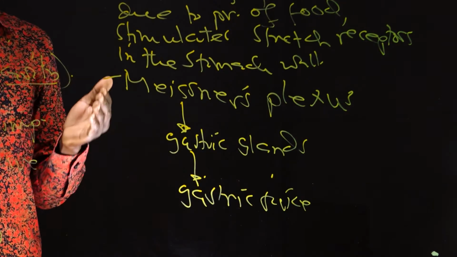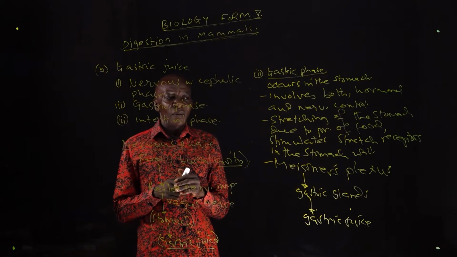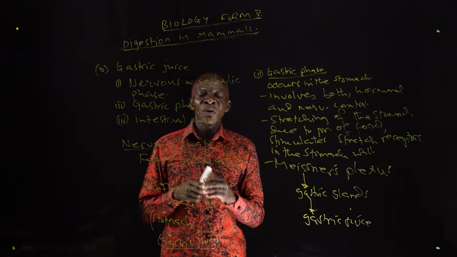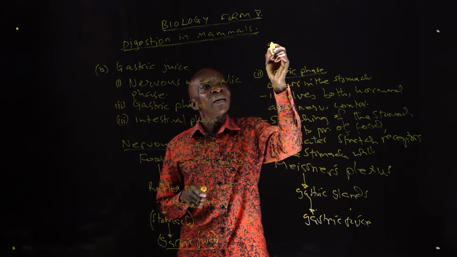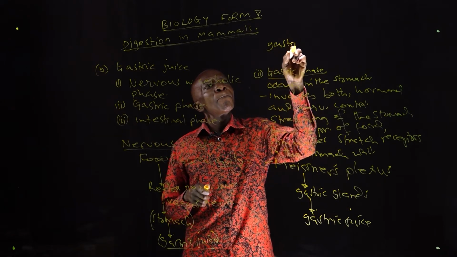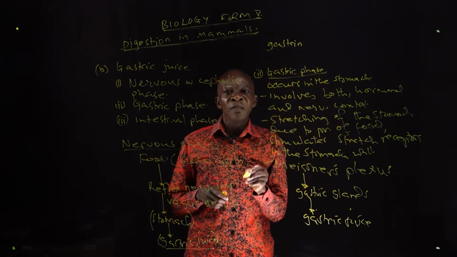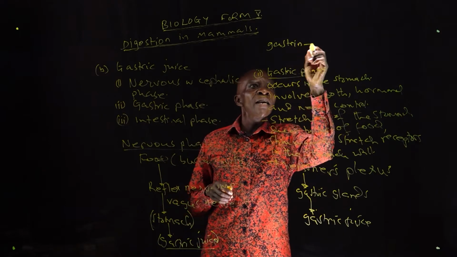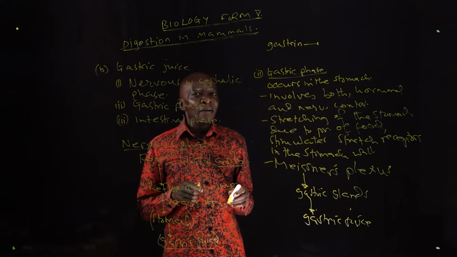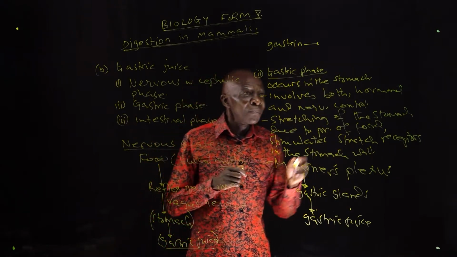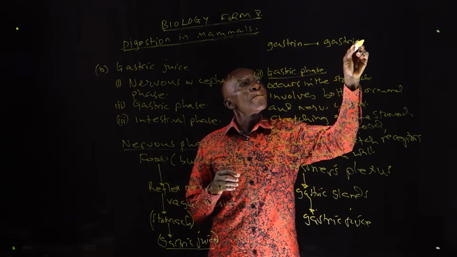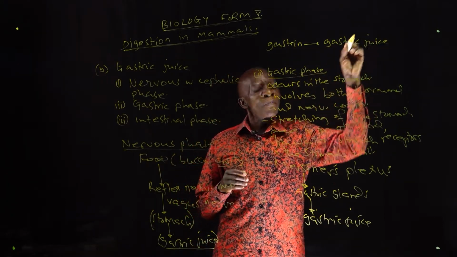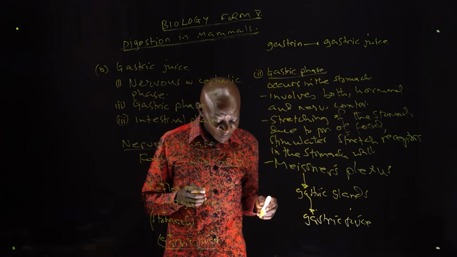Now, the presence of the food in the stomach also triggers the release of gastrin. This is a hormone which again stimulates the release of gastric juice from the gastric glands.